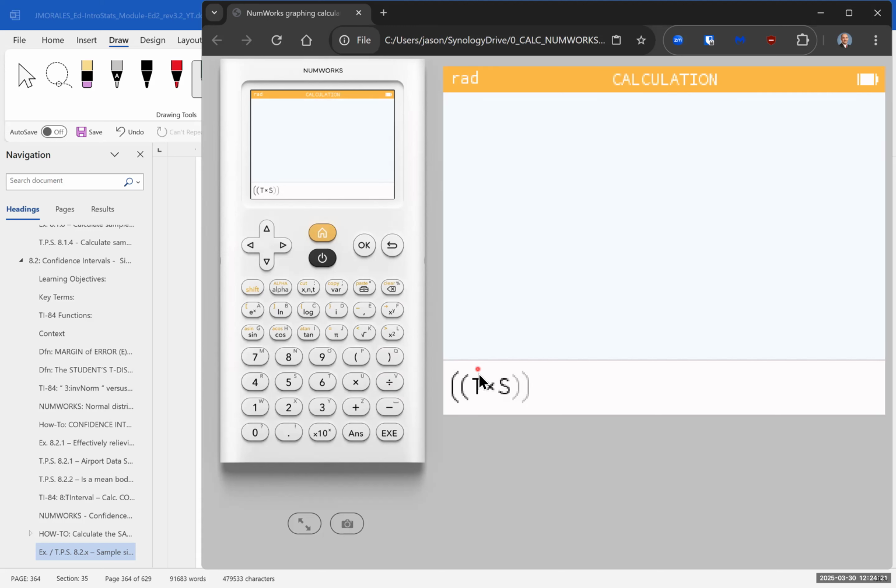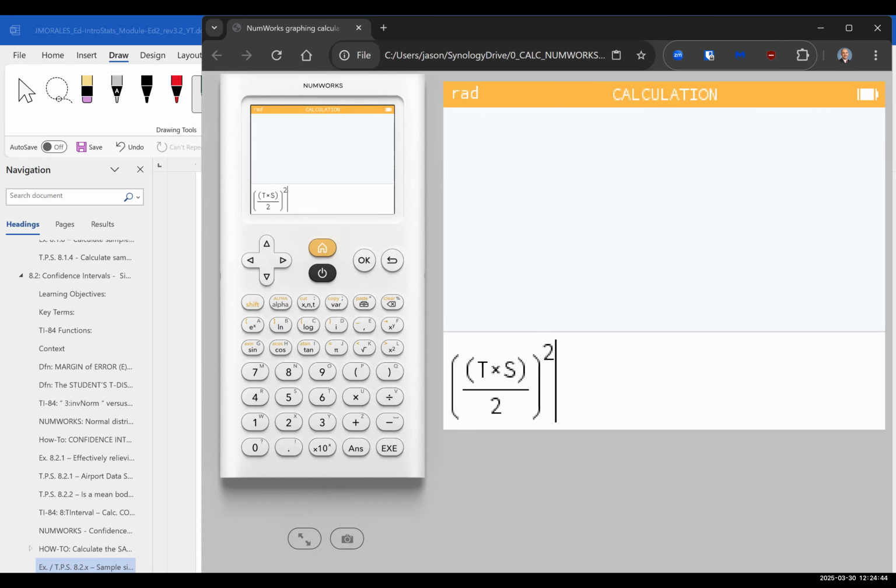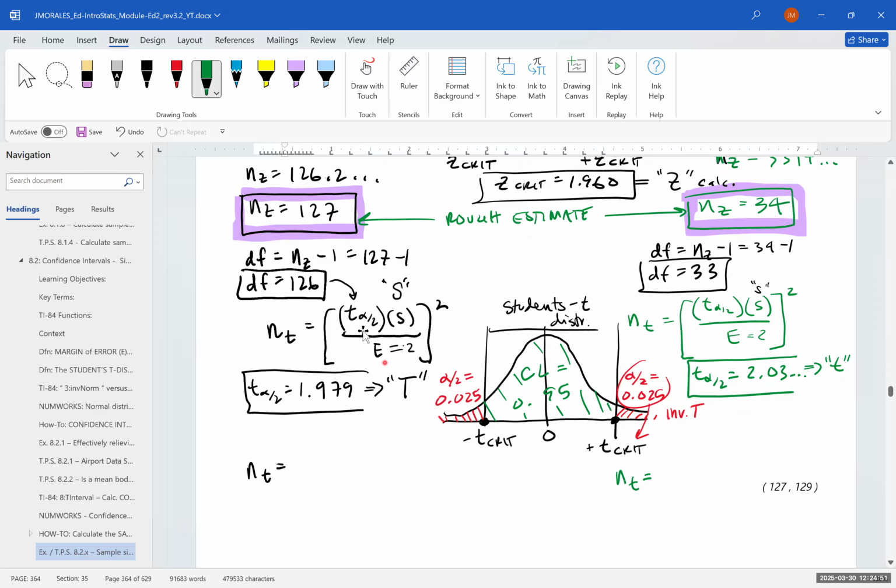So this is the t-score for Sprint, the sample standard deviation for Sprint, divided by the error, which is 2. And all of that is going to be squared, right? Come back. Yep, TS divided by E squared.